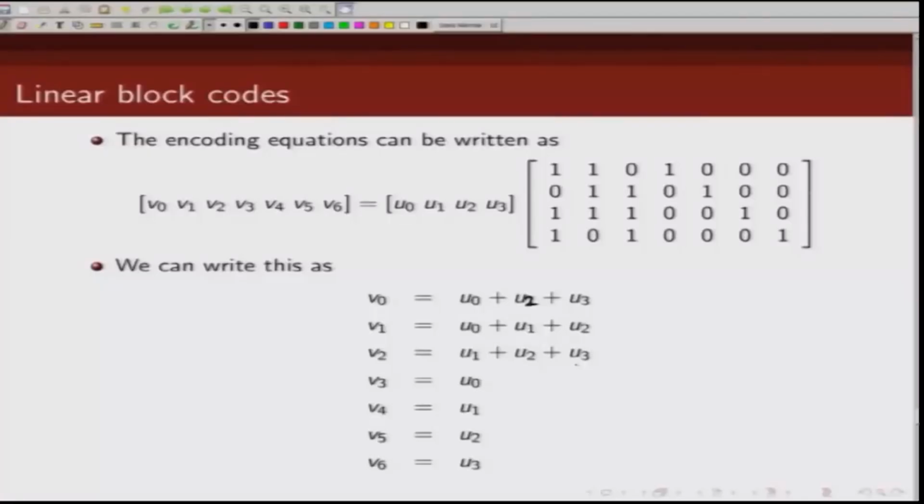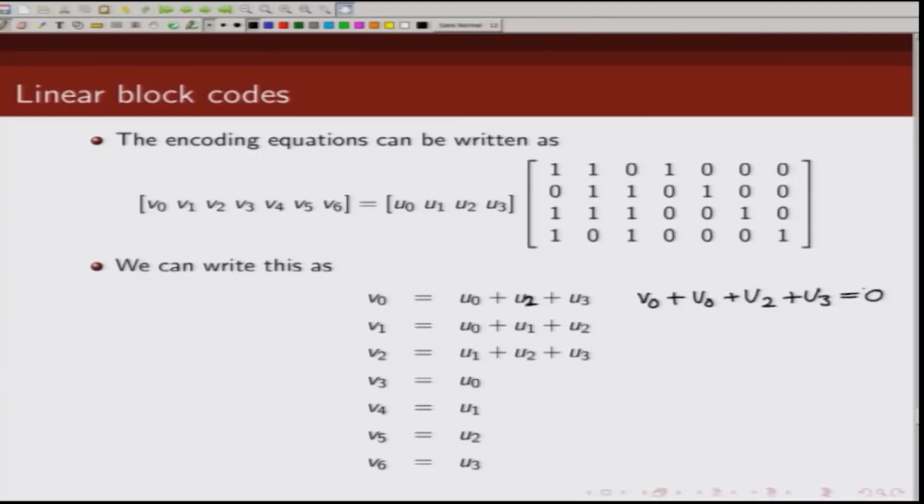Now, since we are restricting ourselves to binary codes, we can even write this equation like this: V0 plus U0 plus U2 plus U3 is equal to 0, correct? Because V0, V1 are nothing but parity bits, which are basically 1 or 0.